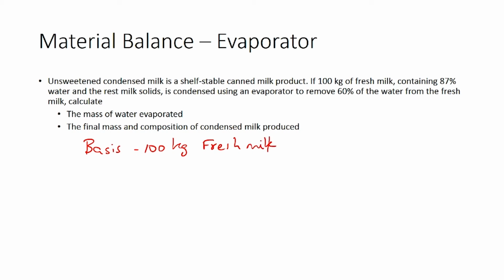Now let us try and draw a flow chart which represents the information that has been provided to us in this problem. So we have an evaporator which is fed with 100 kilograms of milk, and it is told that this milk contains 87% water and the rest is milk solids, which is 13% milk solids, and this evaporator gives you a final product where 60% of the water has been removed.